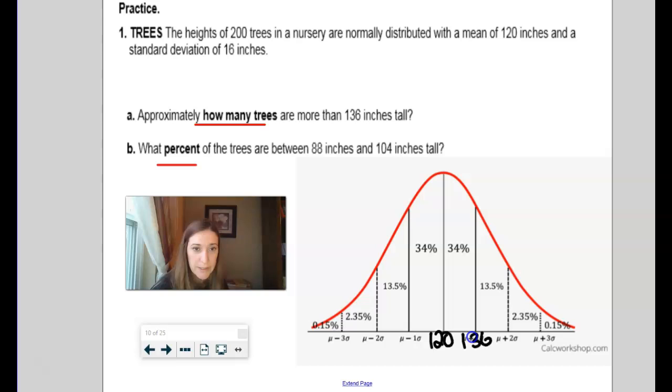All right, 136, 152. Did I do this one? I don't know. Maybe. Why am I so confused with my, what do I have here?